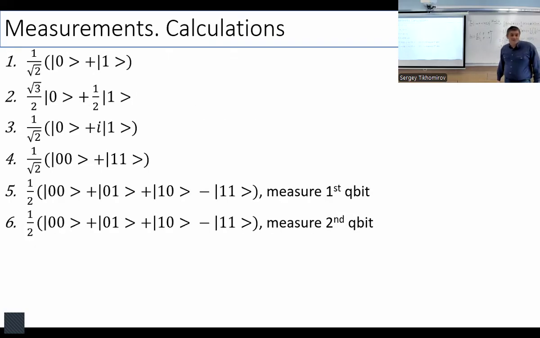Let's practice. I think it's always a good idea. So we have this state. What would be the result of measurement? This is basically the answer to the question of how tutorial sessions would look: they are incorporated into lectures.